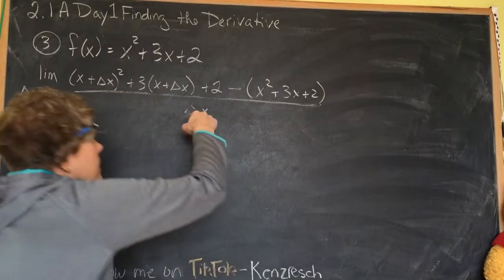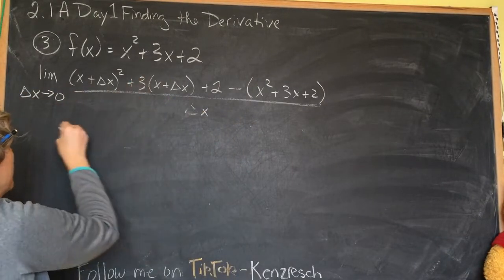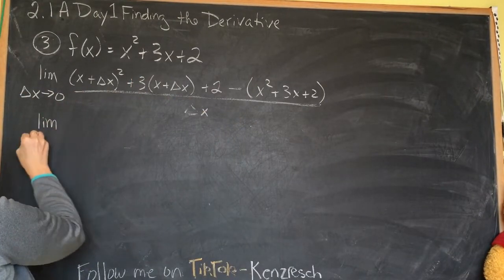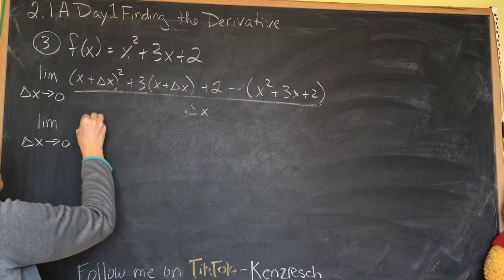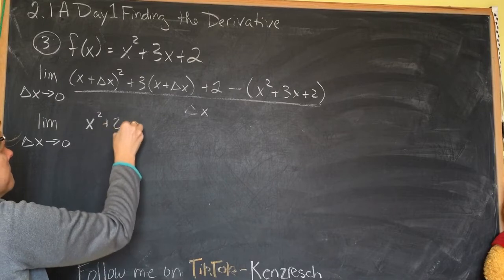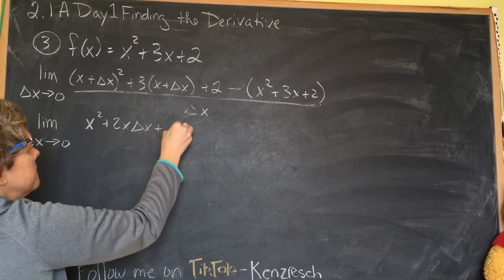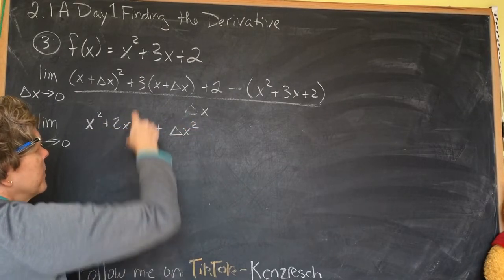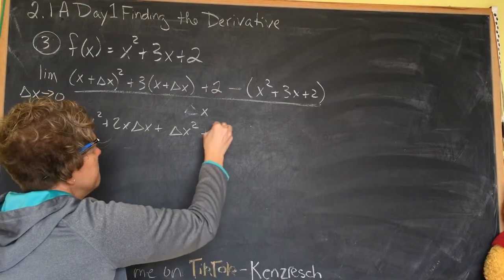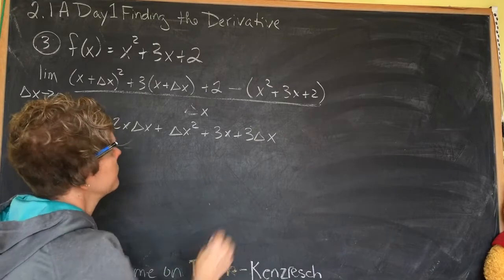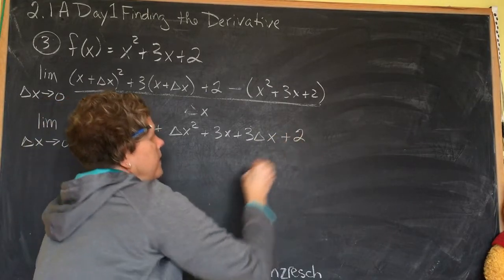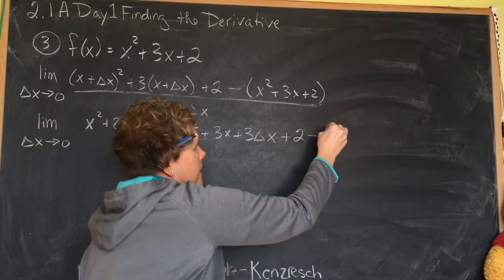Okay, again, that gets me 0 down here, so I'm going to play around with it up at the top. I'm going to FOIL this. I'm going to distribute the 3, and it's plus 2. I'm going to distribute the negative.